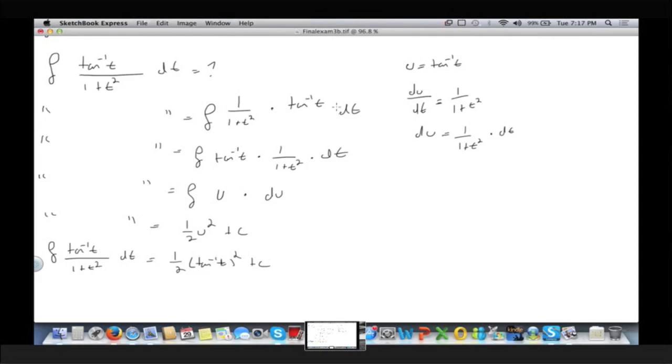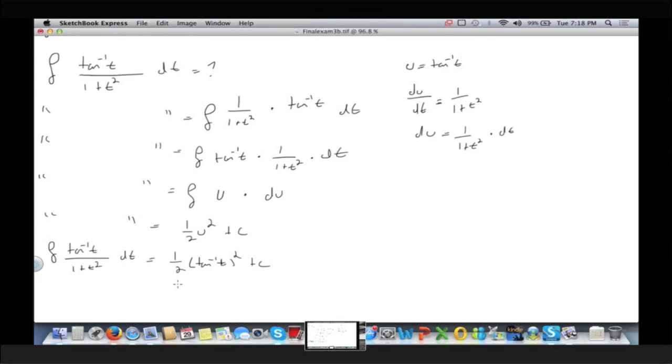And then u equals this. That's u. Antiderivative. Okay, cool.